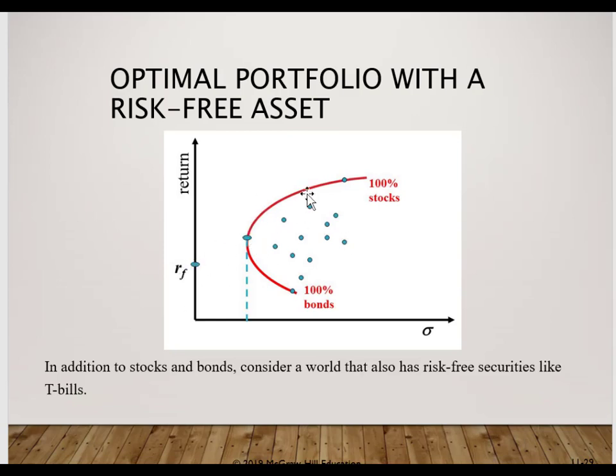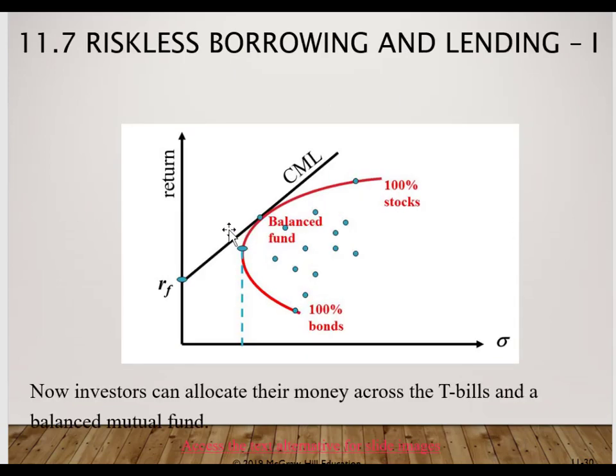Now, to do this combination, then, we obviously need to draw a line that shows all the combinations of the risky portfolio and the risk-free. That's what we get here with something, this thing's called the capital market line. It shows us that if you drop this line down from the risk-free rate and kind of just let it drop down, it's going to touch the old efficient set here in only one dot. There's only one dot that represents that portfolio.